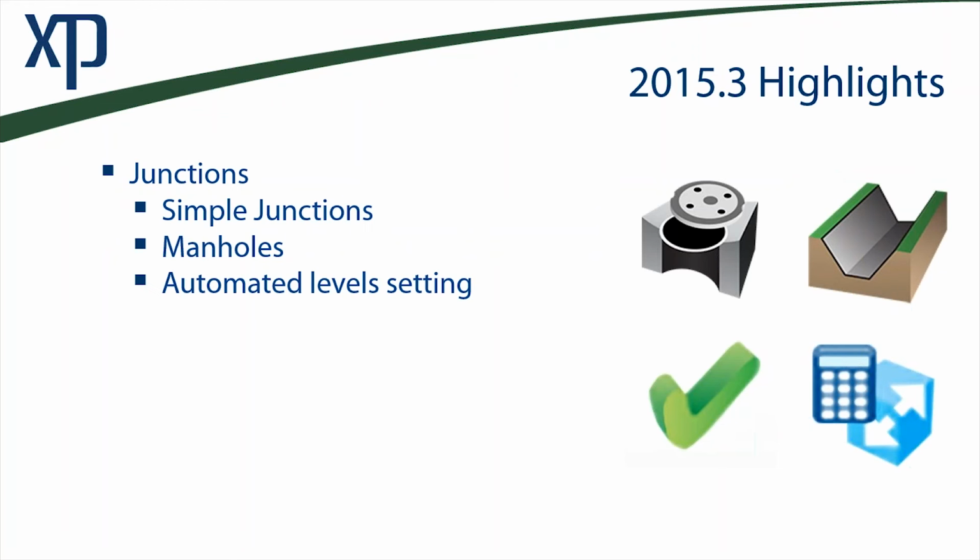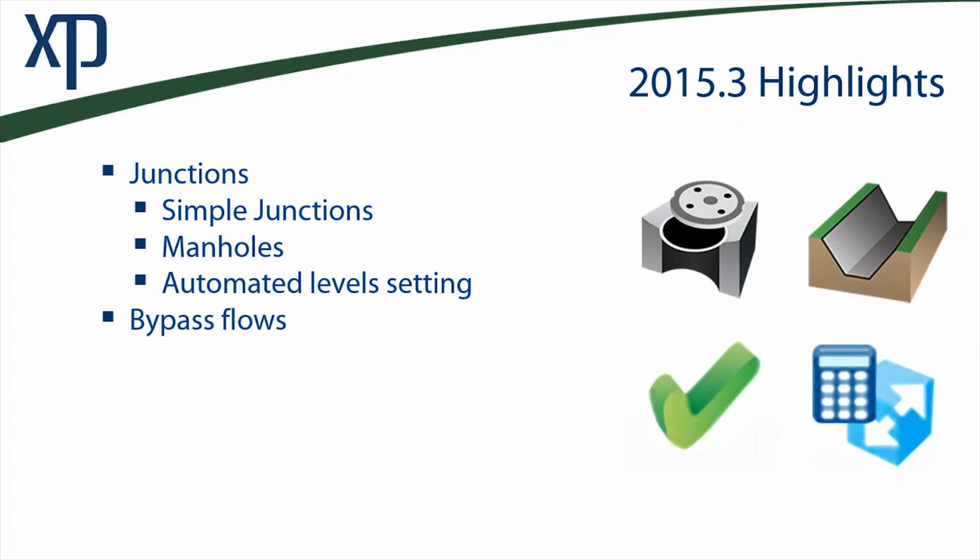Firstly, I'm going to talk about junctions. To enable you to design a more complete drainage solution, you can now include both simple junctions and manholes in your design. And we've enhanced further the automatic level setting for connections and junctions so that you can speed up the design process when you're using these features.